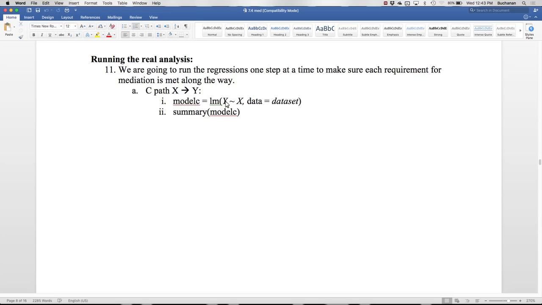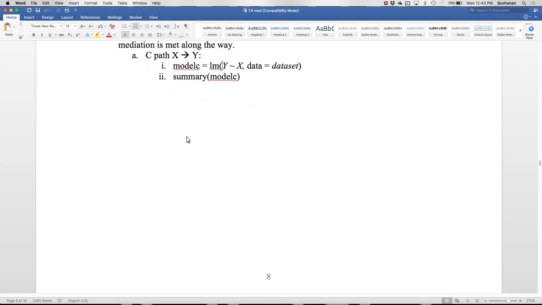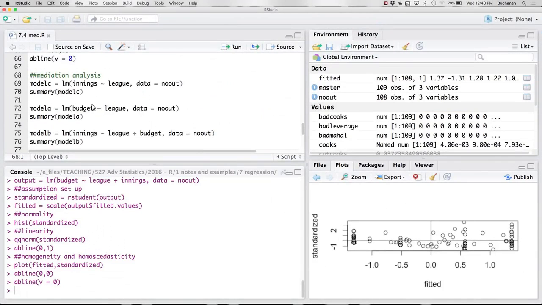It's just which one am I doing here, so I'm going X to Y in this first one. And then get a summary of the model. So that's what I have over here. Okay. So X predicting Y. And this gets confusing when you get to the next step because X predicts M, so the DV changes, not the IV. I'm calling this model C because it is path C.